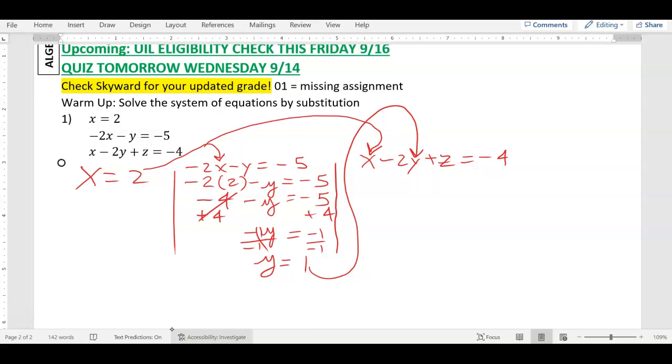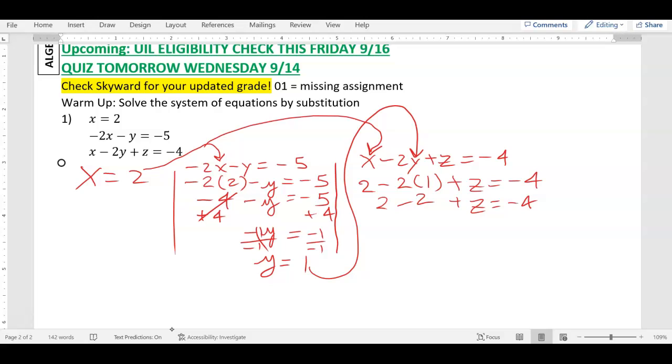Instead of x, I'm going to put a 2, minus 2, instead of y, I'm going to put a 1, plus z equals negative 4. PEMDAS, parentheses, so the negative 2 times 1 gives me what? Negative 2 times 1 is negative 2. Bring down the 2 in front, bring down the plus z equals negative 4.